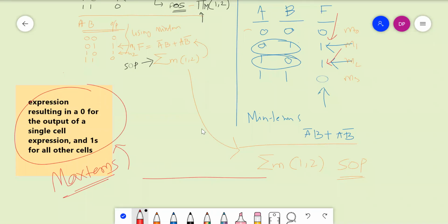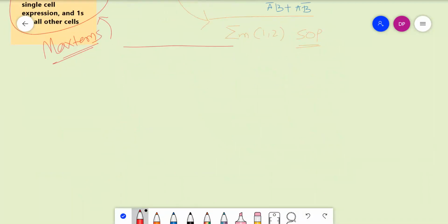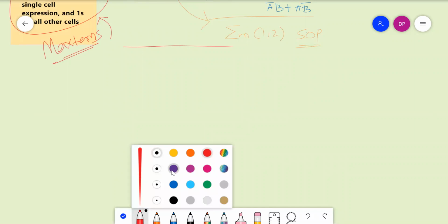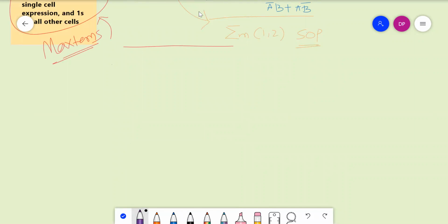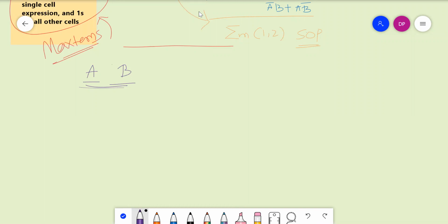Okay, let's take the table and see how we can write. Let's say this is A, this is B, let's say this is F. So this is 0 0, 0 1, 1 0, 1 1, right?